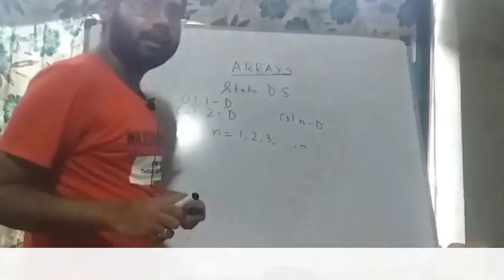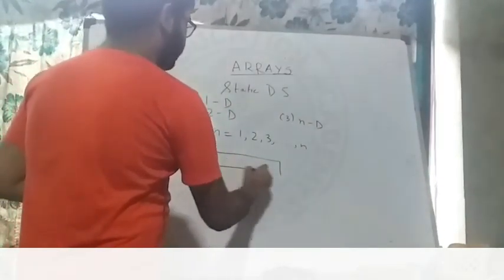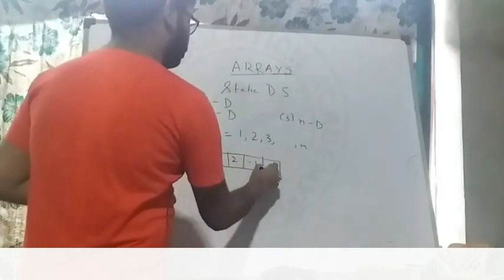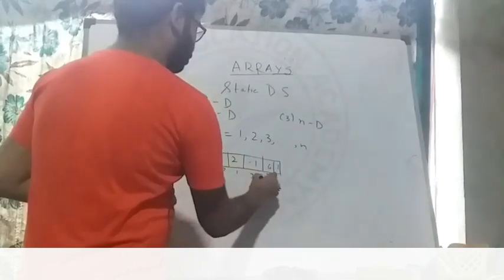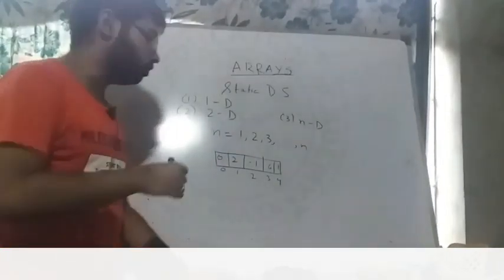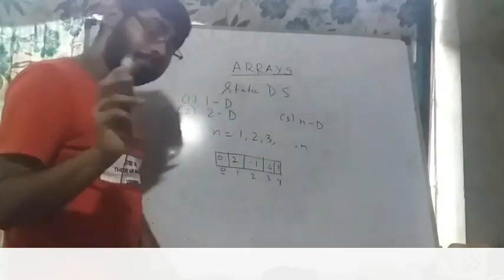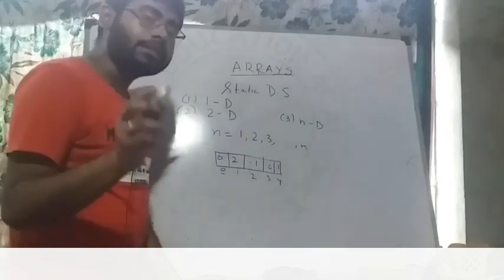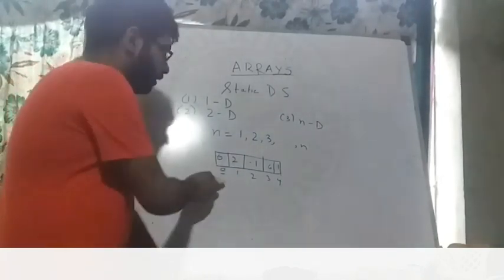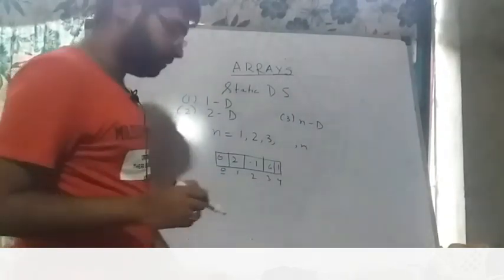Something which we must keep in our mind: elements can be positive, negative or 0, but the index must be a whole number, meaning only positive values. No negative values are allowed in index. So it always starts from 0, meaning index must be a whole number.